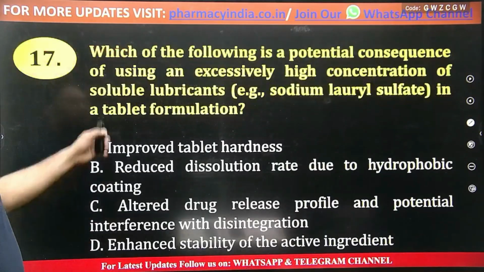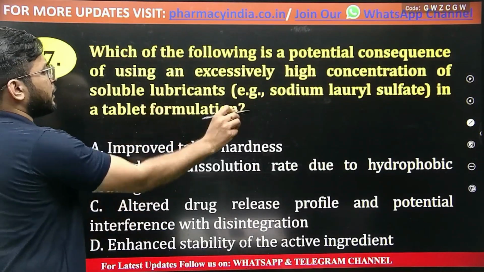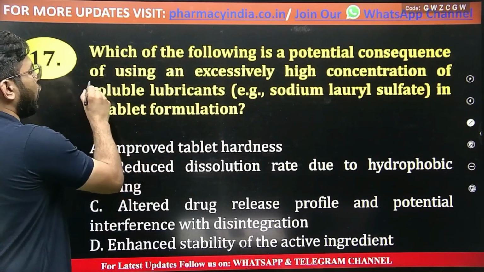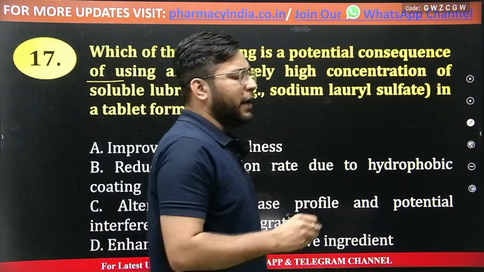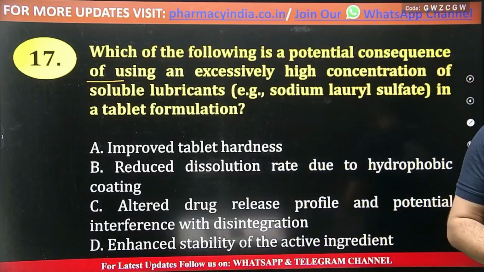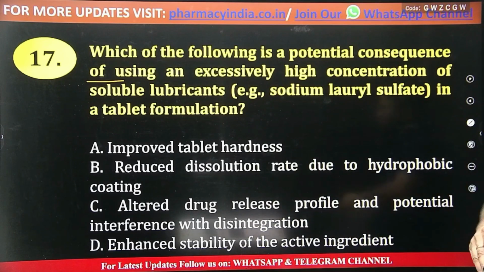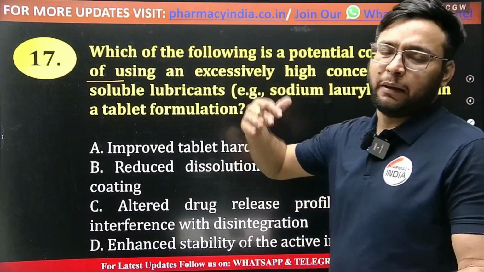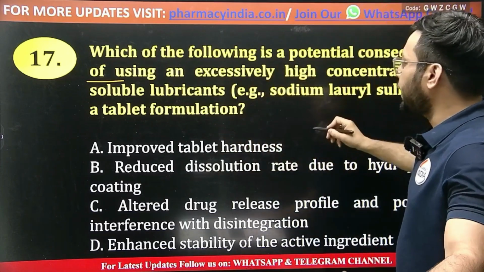Now coming on to the next question: which of the following is the potential consequence of using an excessively high concentration of soluble lubricant? Means when you use more than the limit of lubricant, what will happen?